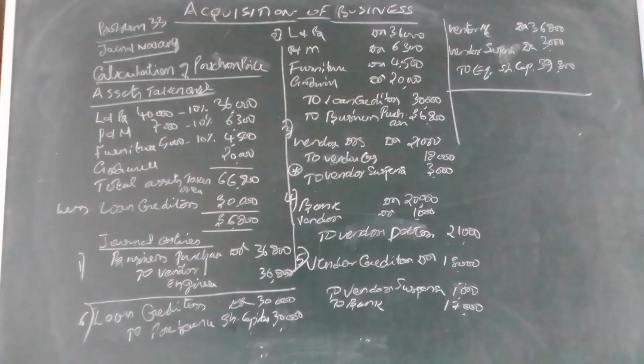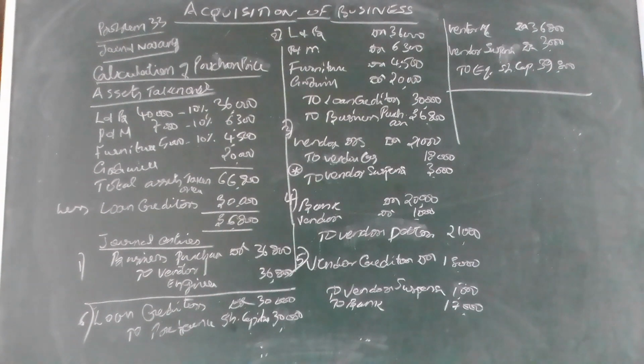Then the last entry is vendor account, that is Engineer account, debtor to vendor suspense, debtor to equity share capital. This is the payment entry, how the vendor account is discharged. Normally, after assets, we do the payment of purchase consideration.